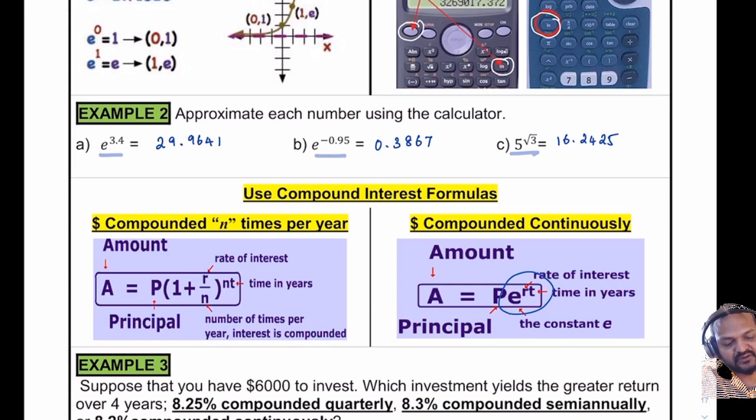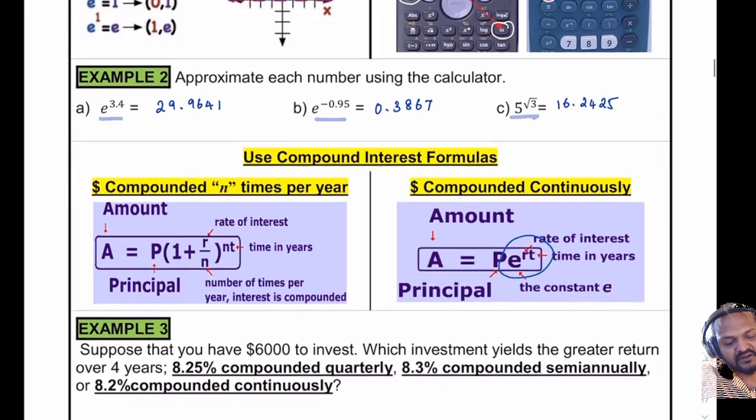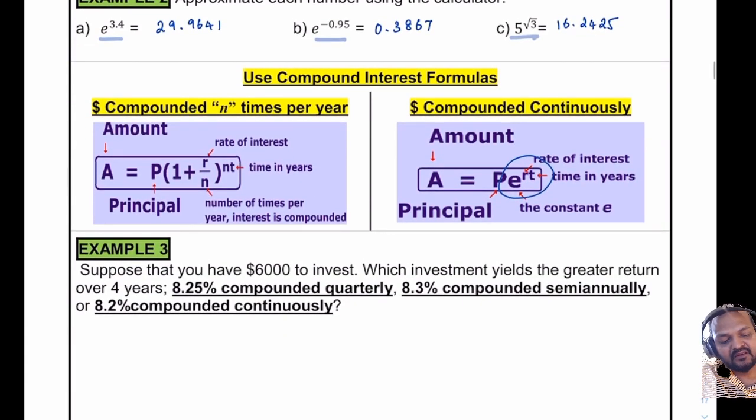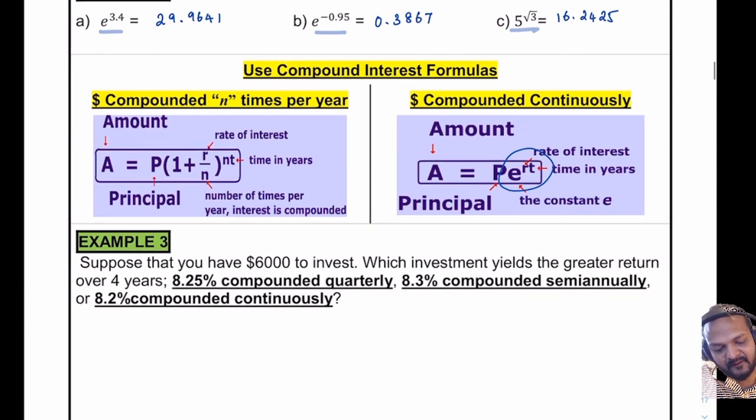So for example, let's try to do one application of this exponential function, the compound formulas, right? If you're compounding the principal, if you're compounding a certain investment, and let's just say the growth is at a certain rate, and it gets compounded n times per year for a particular number of years, then how much would you get?